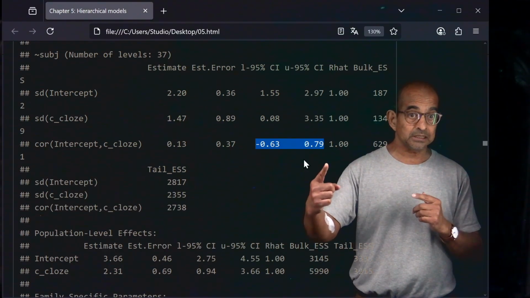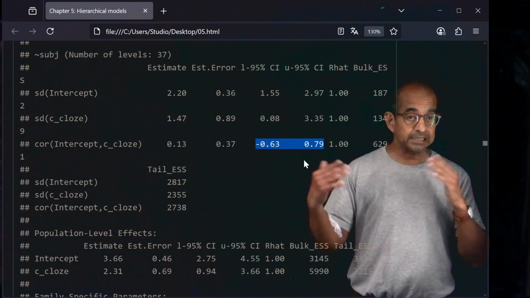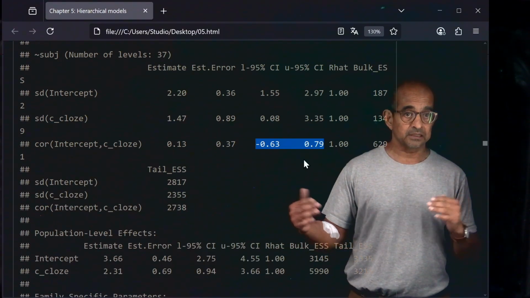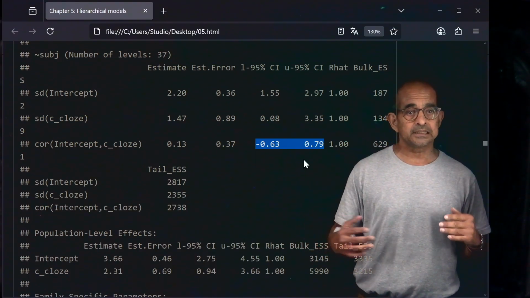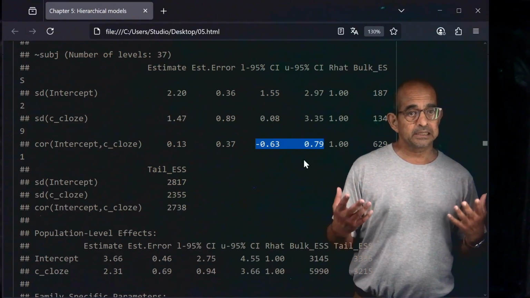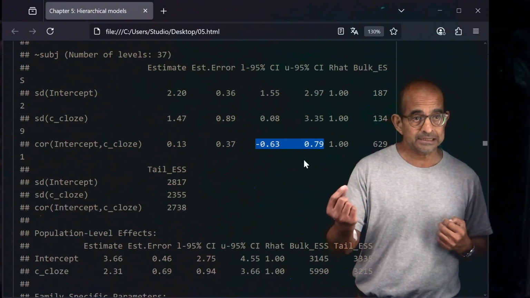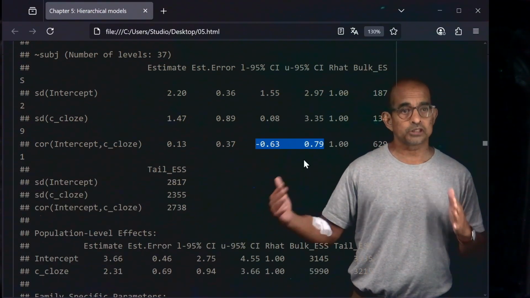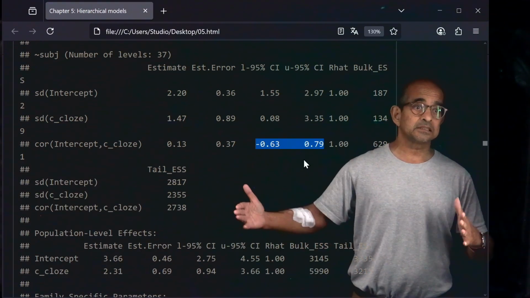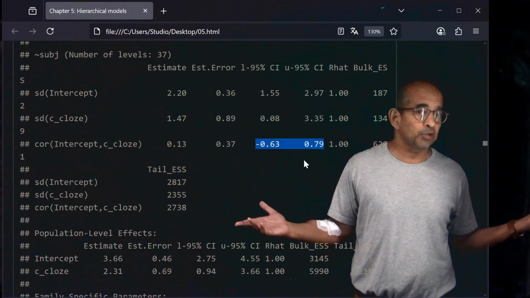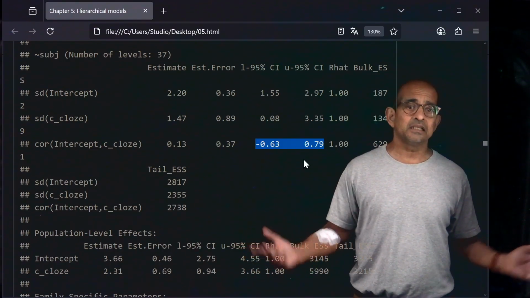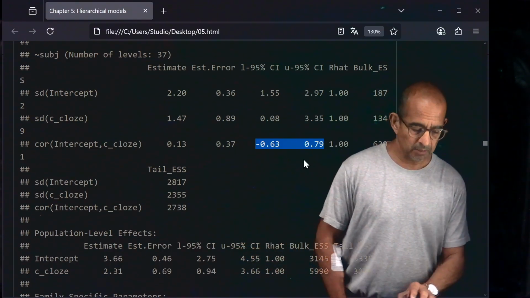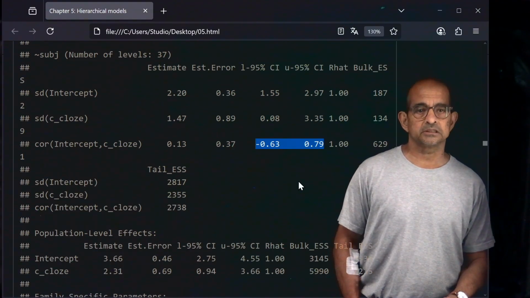So here you see that LKJ2 prior's influence here. That LKJ2 prior is basically serving as a regularizing prior here to give you a smoothened out posterior distribution with high uncertainty. Why high uncertainty? Because we have very sparse data. We can't really conclude much about the correlation between the intercepts and slopes in this sparse data set.